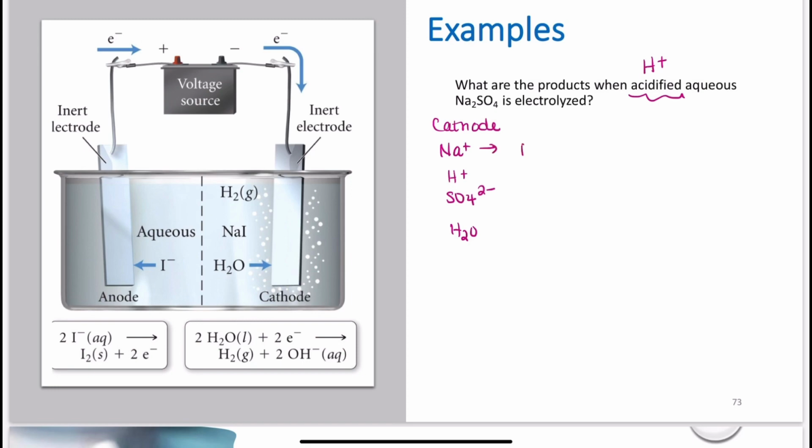My sodium ions can go to sodium, negative 2.71 volts. My protons can go to hydrogen gas at 0 volts. My sulfate can react with protons, forming H2SO3 at 0.20 volts. My water can form hydrogen gas at negative 0.83 volts. Most positive one here is the formation of H2SO3.